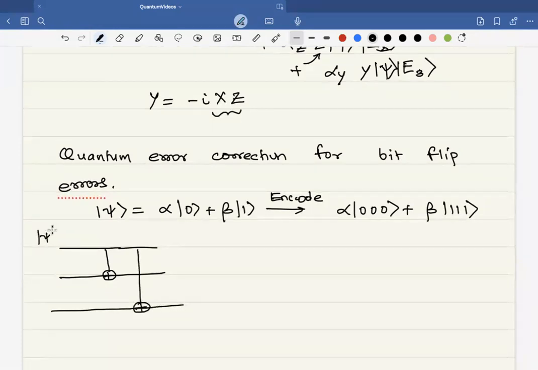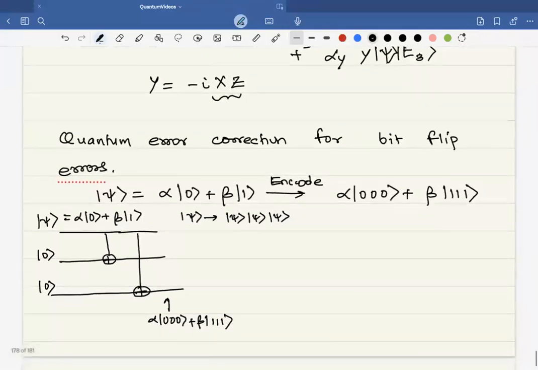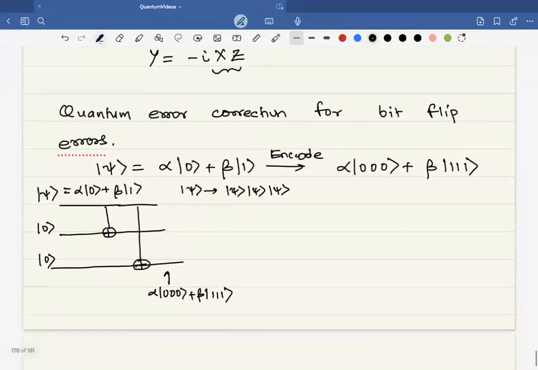And so this is ket psi, this is ket 0. And over here, we should get alpha 000 plus beta 111. So notice that this is not violating the no cloning theorem because we are not converting psi to psi, psi, psi. This is therefore not in violation of that. So that is the encoding circuit for the bit flip code.